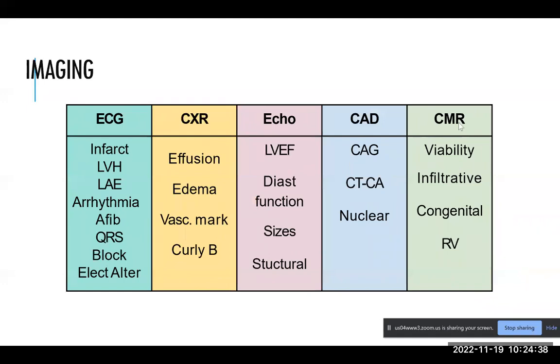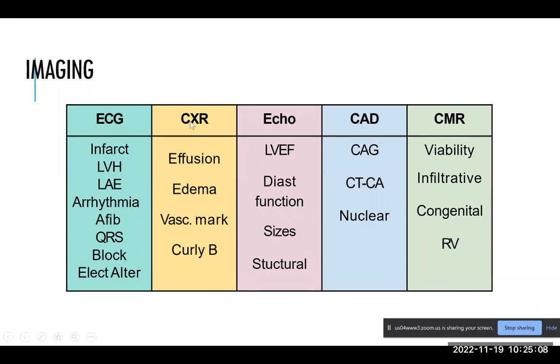The workup of patients in general includes ECG, where you will get a lot of information. If there are clues in your ECG which indicate infarcts, LVH, left atrial diameter, arrhythmias or AFib, how wide is your QRS, and if there is left bundle branch block or electrical alternans, which might alert toward severe heart failure.